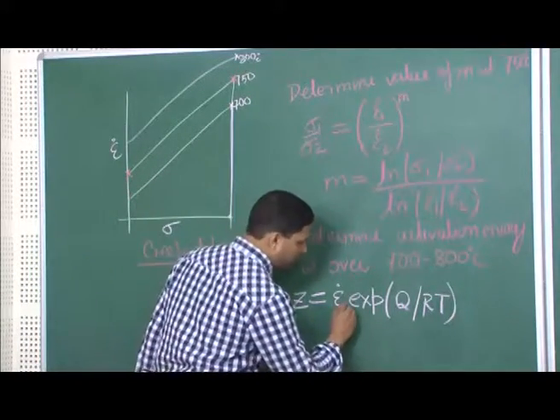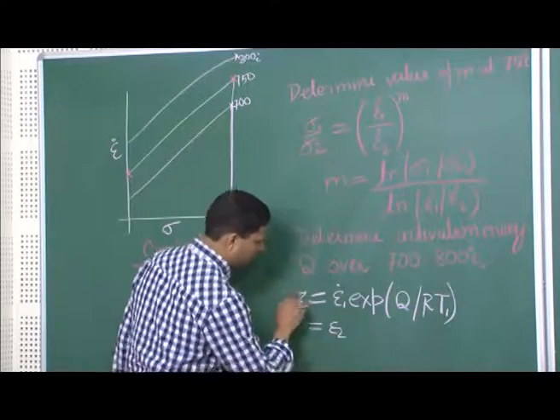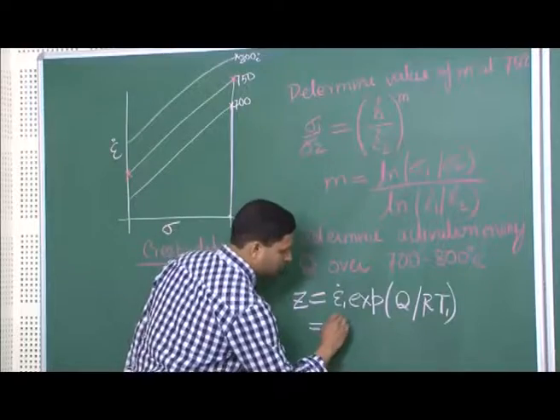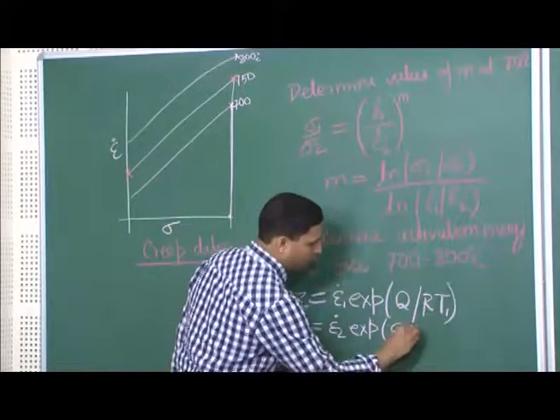Therefore, if this was E1 and this was T1, then this same Z is equal to that for the second point where you have the same flow stress.